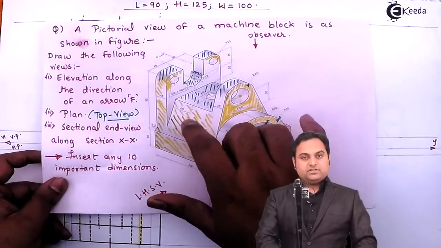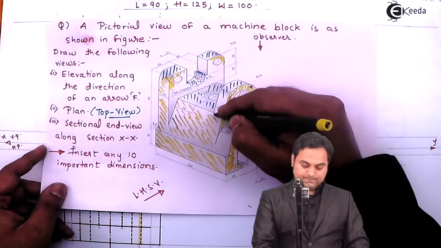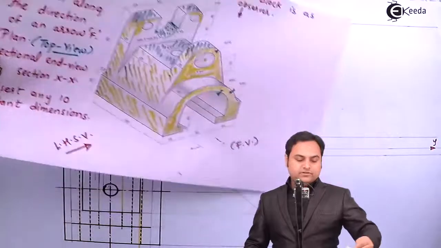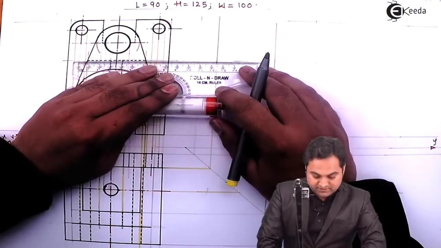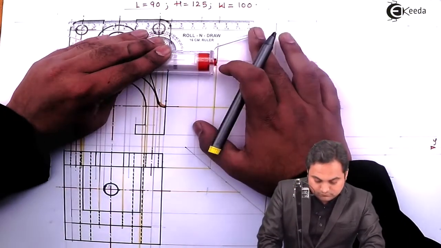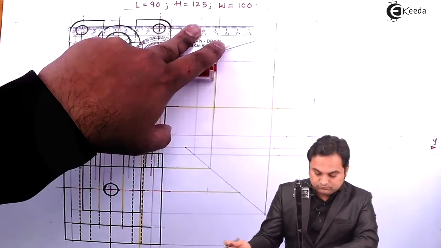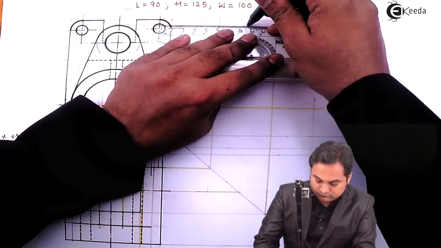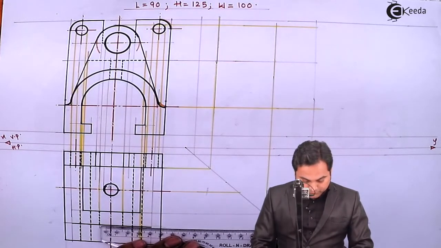Then after this surface, this rectangular surface will also be visible. So again, getting its height from the front view, and width I have already taken on one side. And then the width of this plate from the top view.